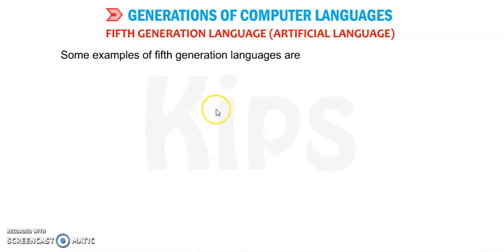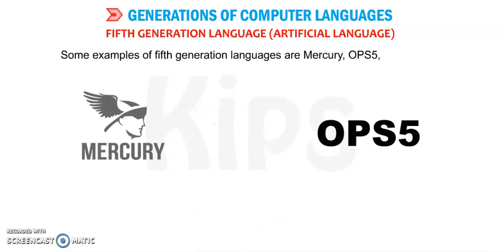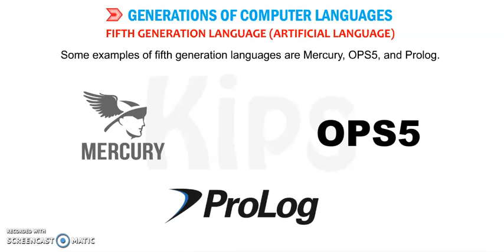Some examples of fifth generation languages are Mercury, OPS5 and Prolog. Okay, children, these are used in the field of AI.